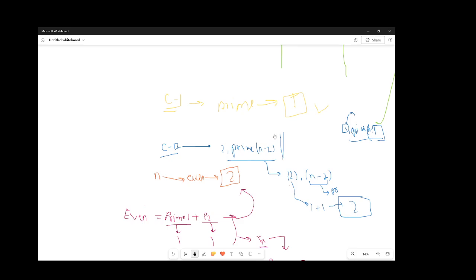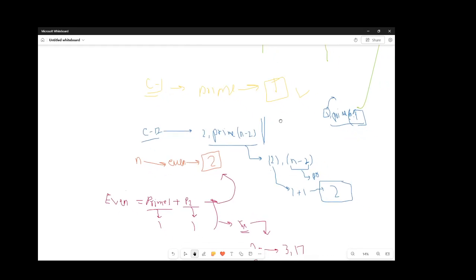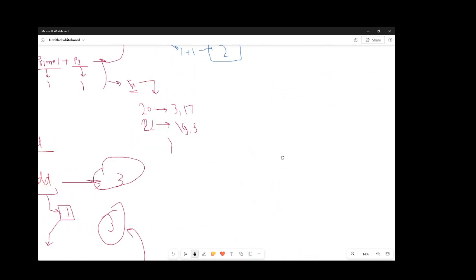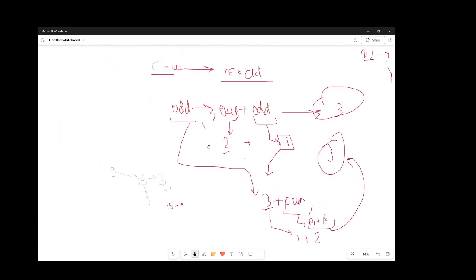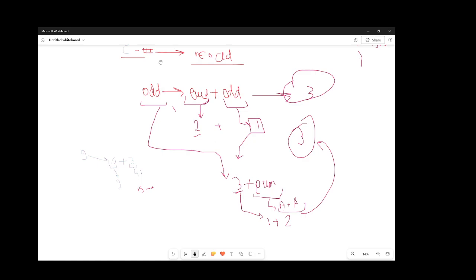Then it would obviously be prime, so for prime the answer would be 1. Perfect, fine. Move to 3. If n is 3, then it will also be prime, so the answer is 1. So this would be present for all the cases that would lie under case 3.